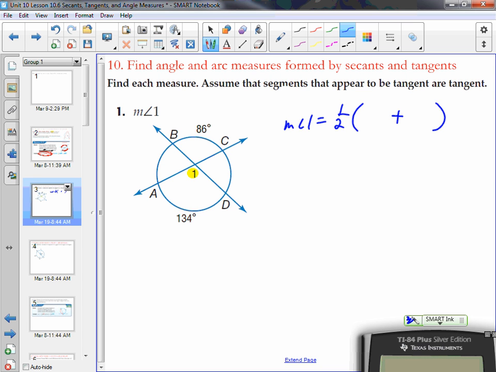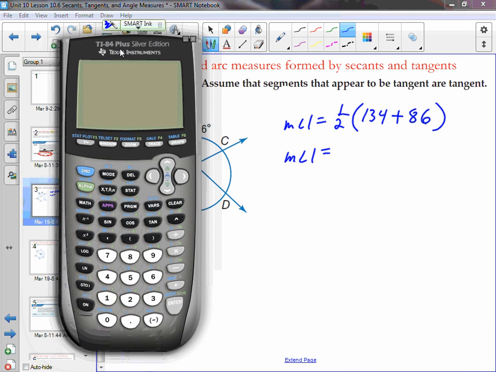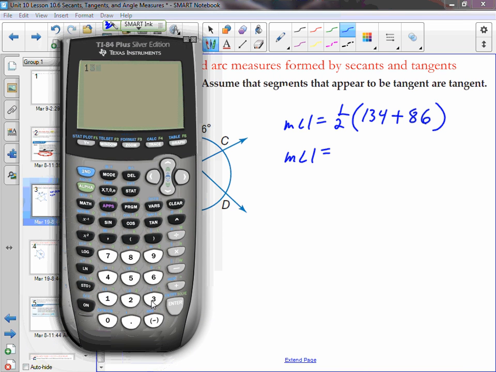Angle 1 intercepts the arc with the measure of 134. Its vertical angle intercepts the arc with the measure of 86. Okay? You with me? Now it's a calculator problem. So the measure of angle 1 equals, well, let's add 134 plus 86, and then multiply it by 1/2. So the measure of angle 1 is 110.